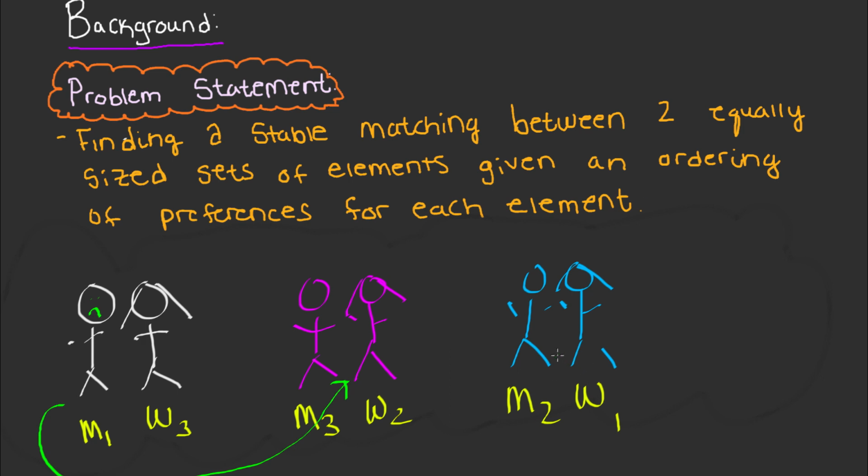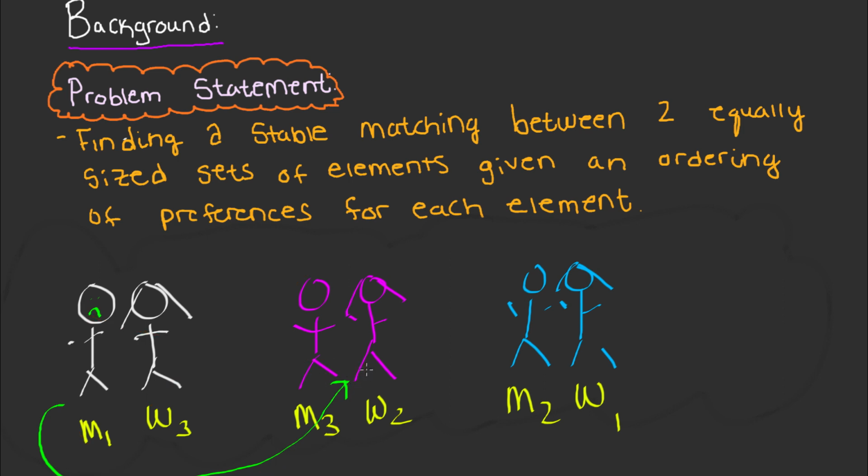So that would be stable. There are not two people of the opposite sex that prefer each other over who they are currently matched with. Contrary, if she did reciprocate feelings, say woman two actually liked man one over man three as well, then this would be unstable. That would not work.